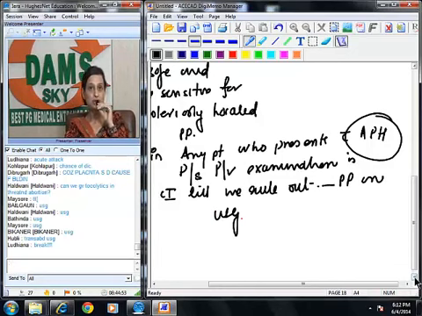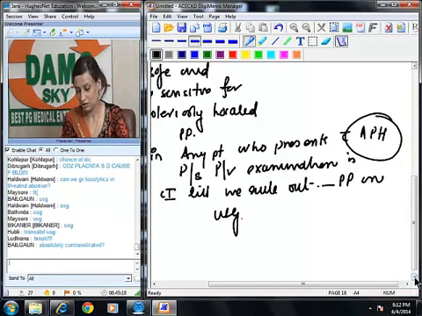Until we rule out the presence of placenta previa on ultrasound, we should not do a per speculum or a per vaginum examination in a patient with antepartum hemorrhage, because it will result in excessive bleeding PV if you do such an examination in a patient with major degrees of placenta previa, right?